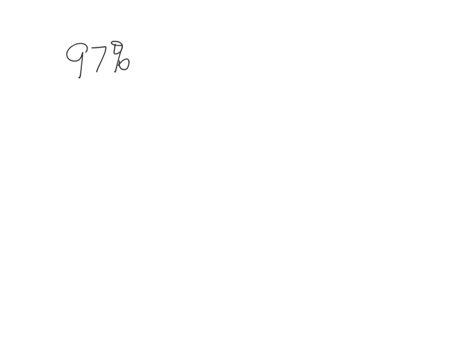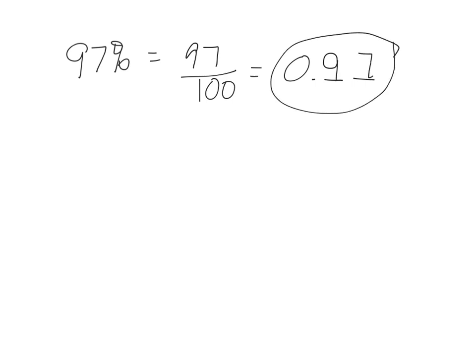To write 97% as a decimal, first I write it as 97 hundredths, and then as a decimal, I've got to go tenths, hundredths, because it's per hundred. It's 97 hundredths, so it's 0.97. Pause the video while you write these 2 percents as decimals.